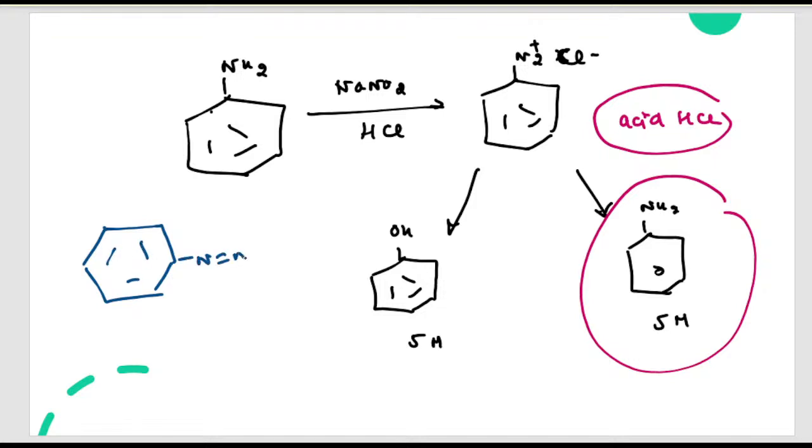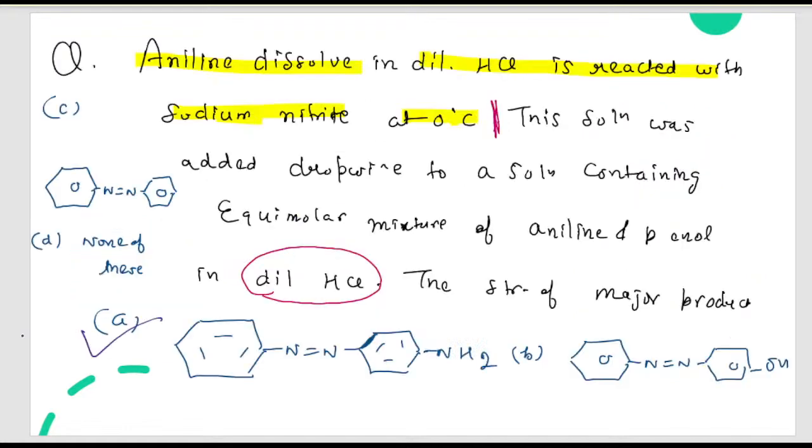So the final answer for this question is aniline, hence option A is the correct answer. This is how we approach it. Easy topic, not very difficult, one of the easy topics in the amine chapter. So that's it, this is all for the amine part.